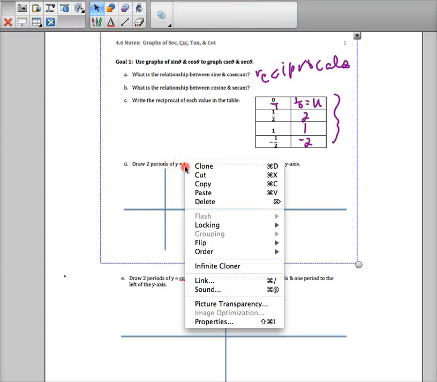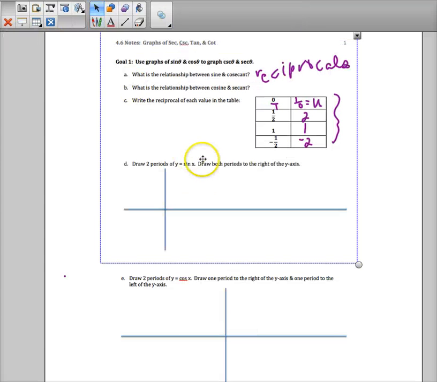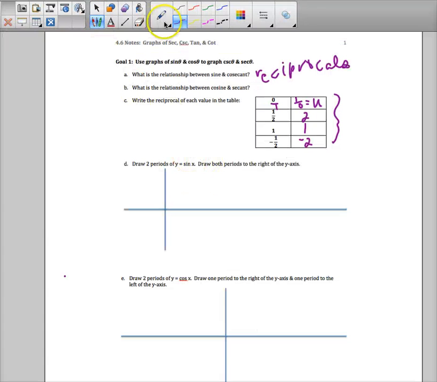The 1, the coefficient of sine, reminds us that the amplitude is 1, so our max is 1 and our min is negative 1. The coefficient of x is 1, so our period does not change and is still 360 degrees. Then we divide that into 4 equal parts.